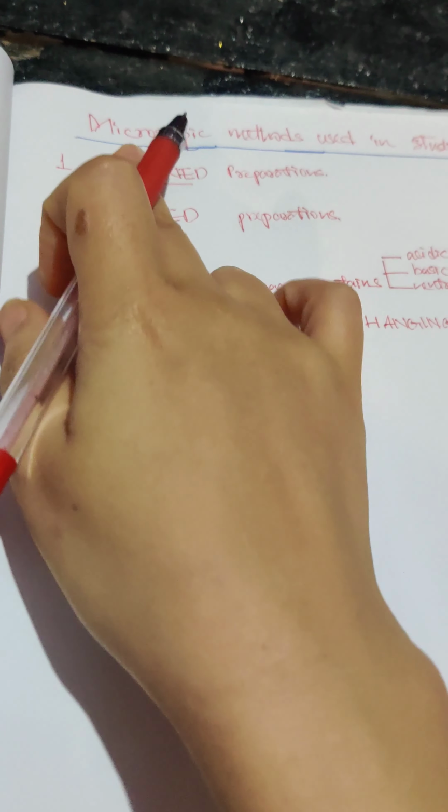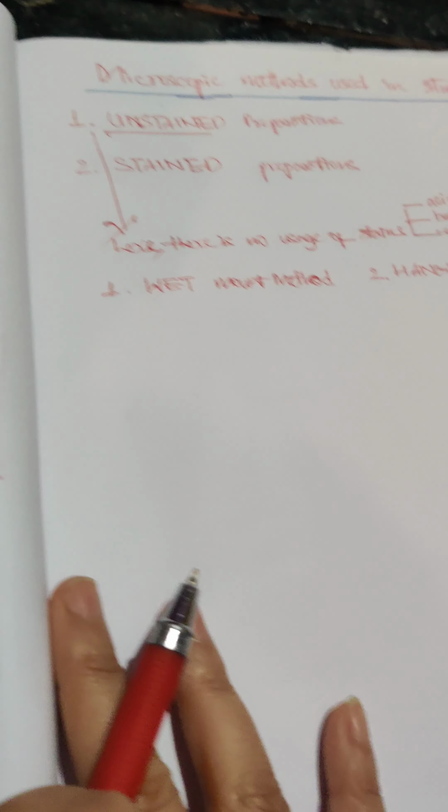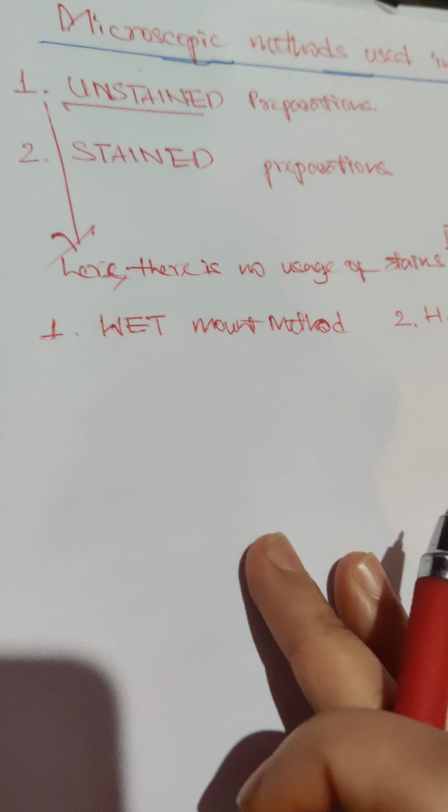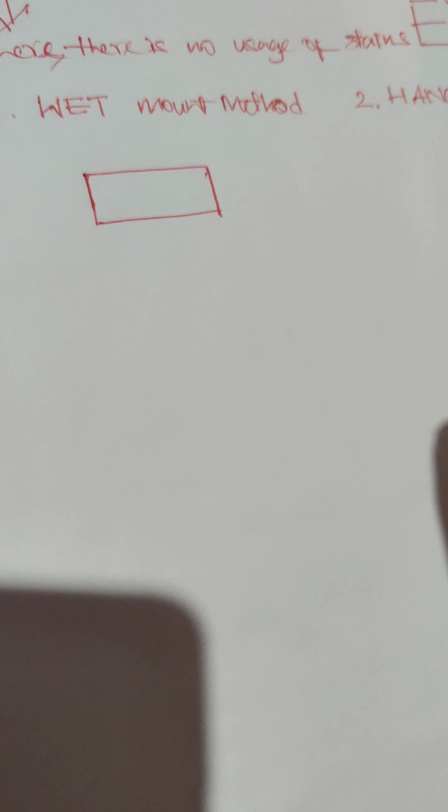Under this unstained preparation, the first technique is the wet mount method and the second one is the hanging drop method. In the wet mount method, we take a glass slide, and with the help of an inoculating loop, we take the sample or pathological specimens.